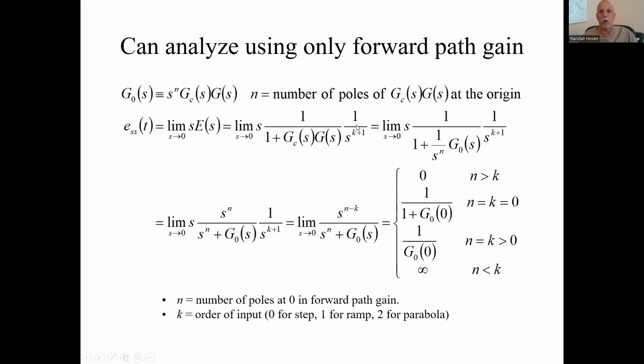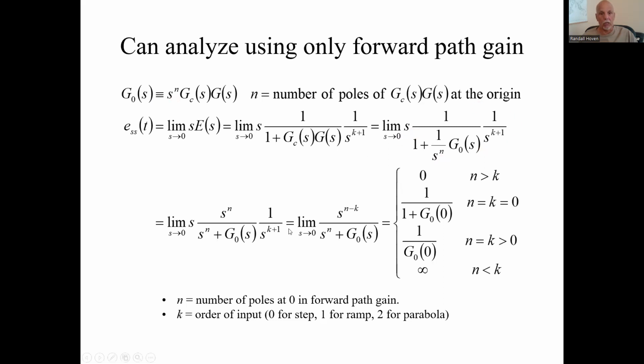We can always write 1 over S to some power, where the power will be 1, 2, or 3. The final value theorem says multiply by this other S, but we can replace this G sub C G with G sub 0 divided by S to the n.